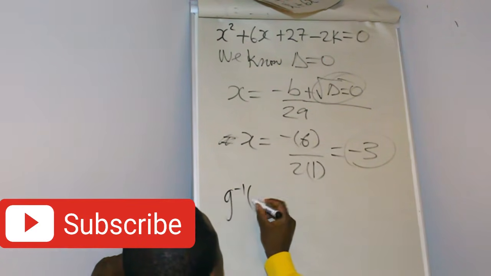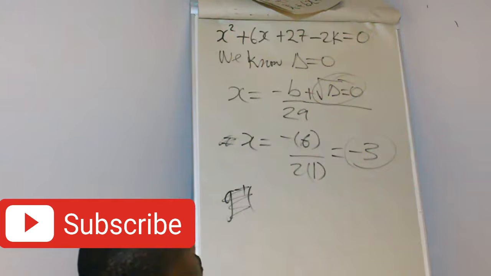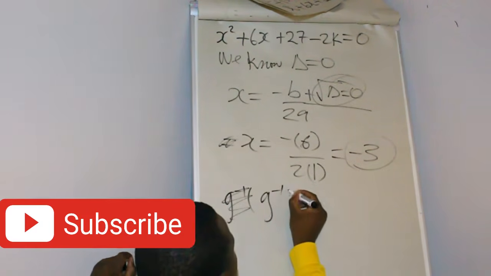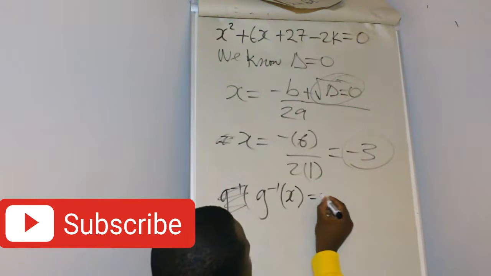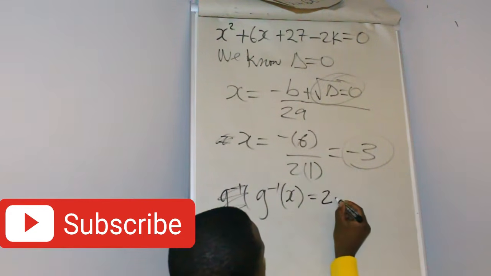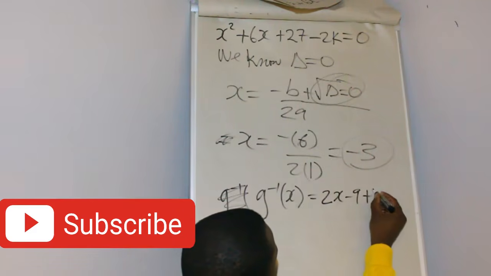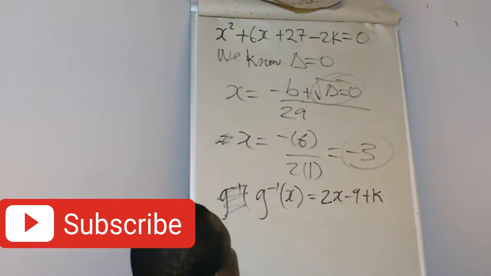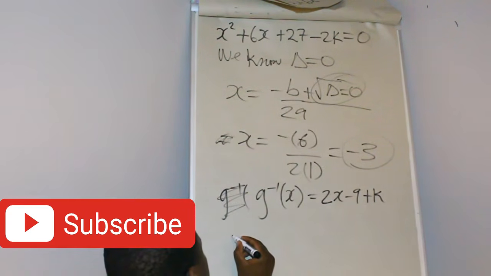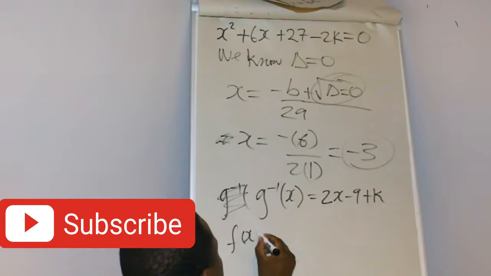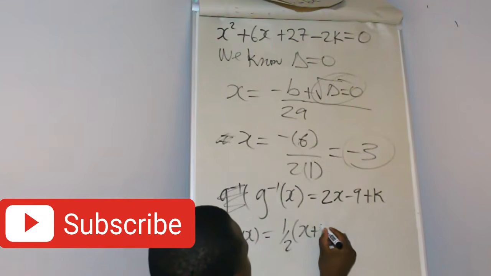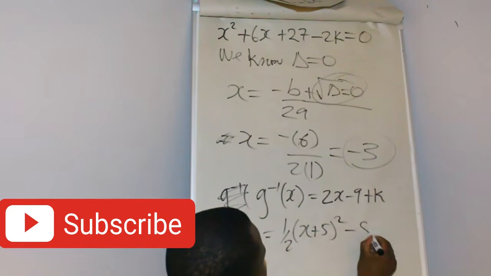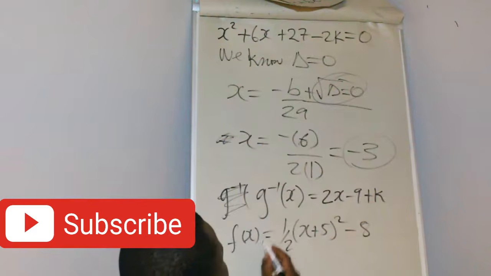Not this one, because this one has missing parts, which is g of x is equal to 2x minus 9 plus k. We have unknown k's there. So let's use the original one, which is f of x is equal to 1 over 2 into x plus 5 all squared minus 8. We have our x to be minus 3.